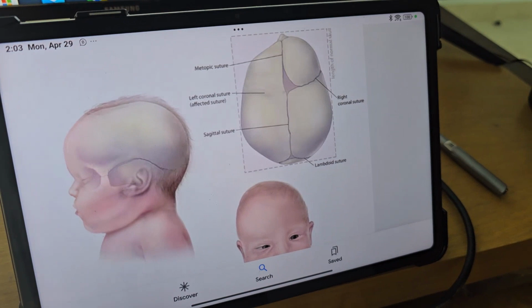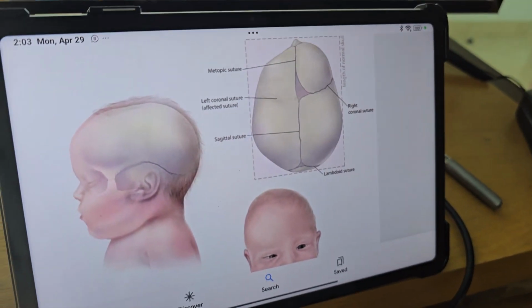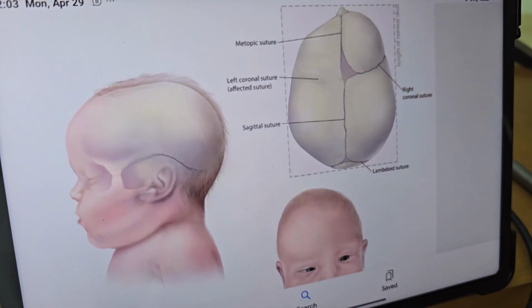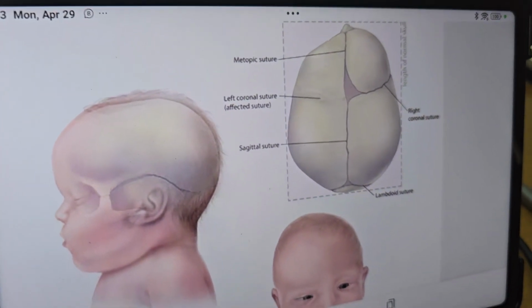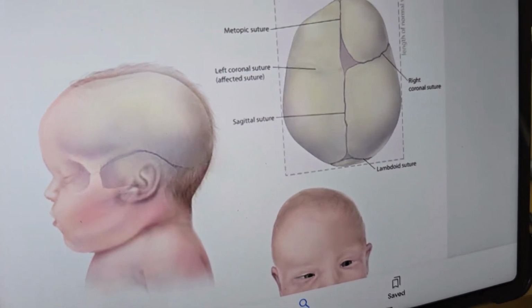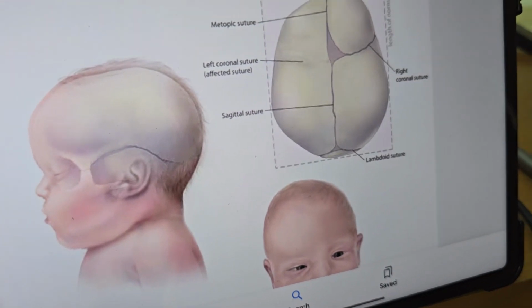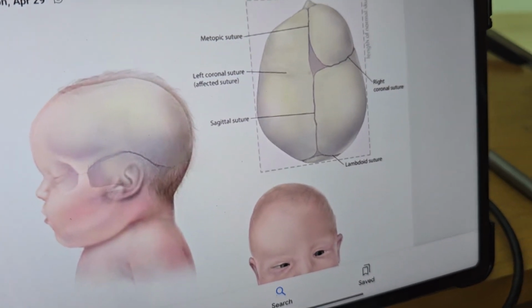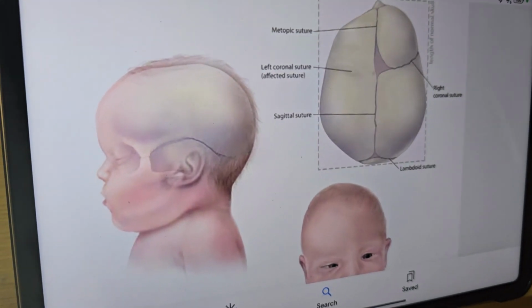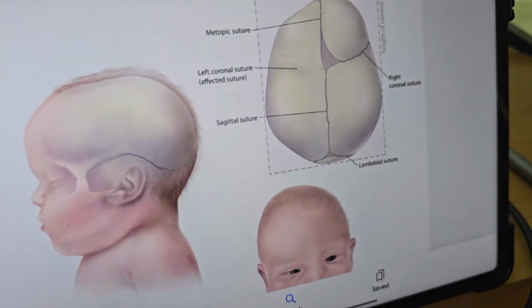The metopic suture and the sagittal suture are also within normal limits. So these findings are suggestive of what happens when early closure occurs. I am giving only one example, and you can see what kind of deformity you could expect with this picture. Now we will proceed.